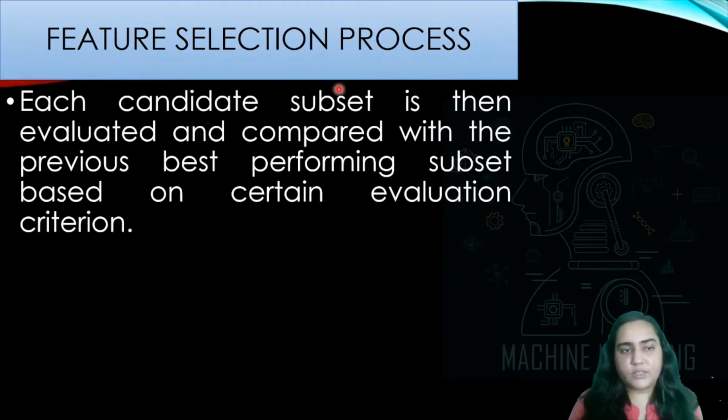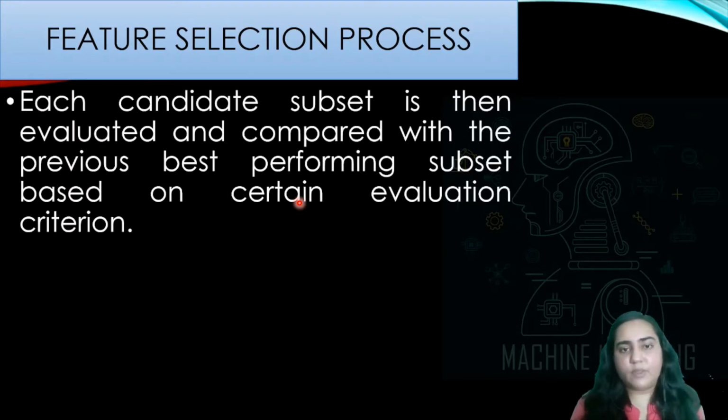And each candidate subset, once you have your subset, you're going to evaluate it and compare it with the best performing subset. So this is like finding the max number out of all the numbers. You're just going to first start by saying that the first number is maximum, then check the second one, and if you find that's greater, make that maximum, and so on till you've actually found your maximum number, or till you've checked all the numbers in your list.